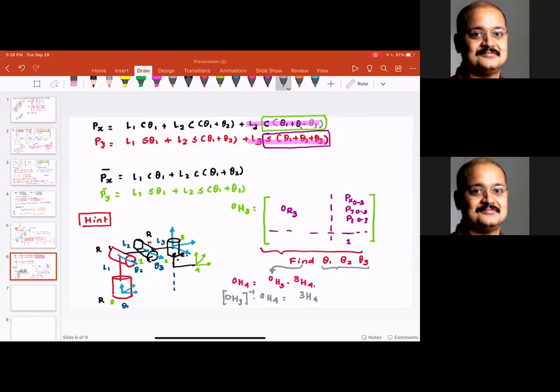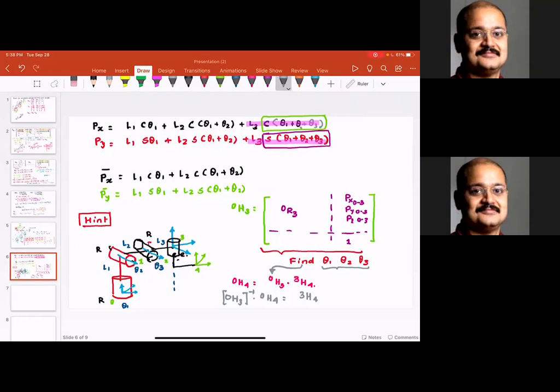So once we have that answer, we can invert 0h3 and multiply it by 0h4, which should be known, and then find 3h4 and find the value of theta 4. It's slightly convoluted, but I will work out a problem and show you how this can be solved.